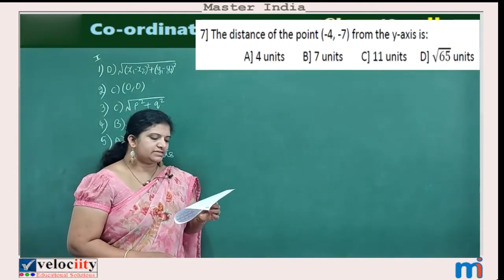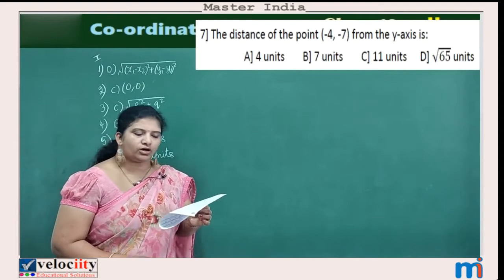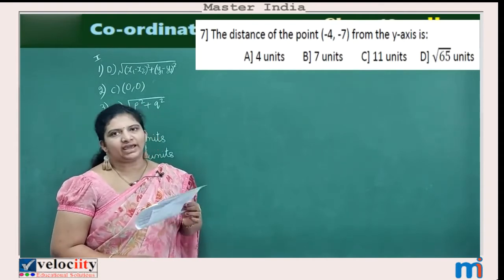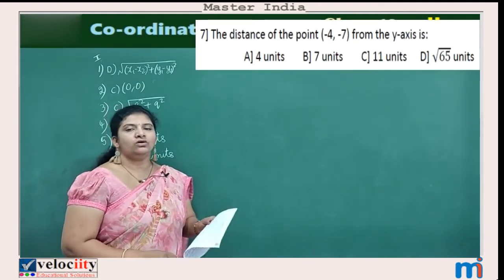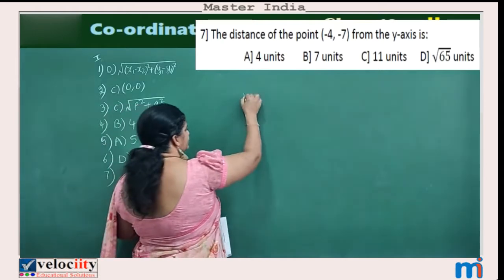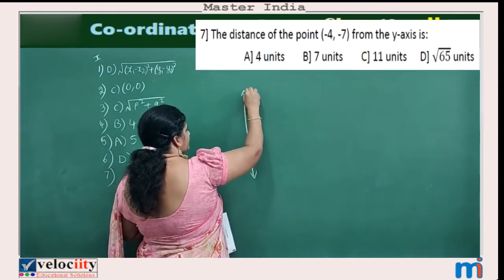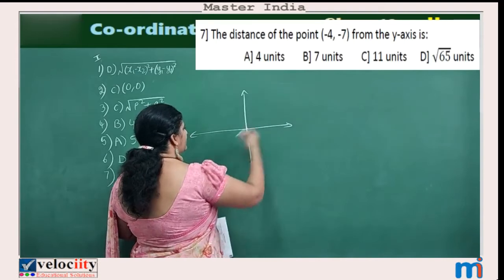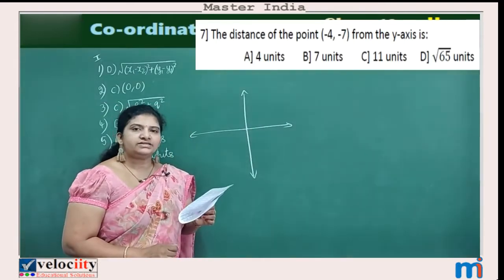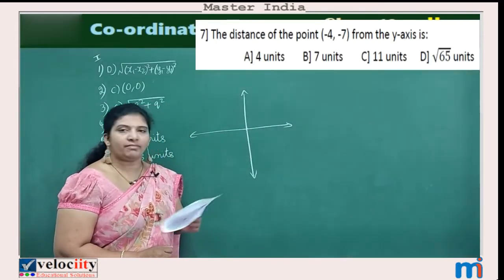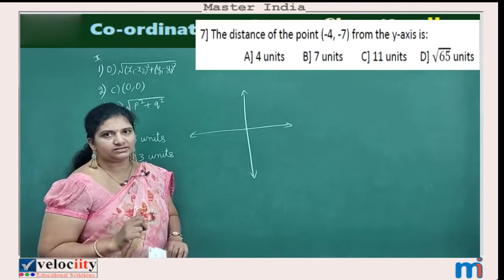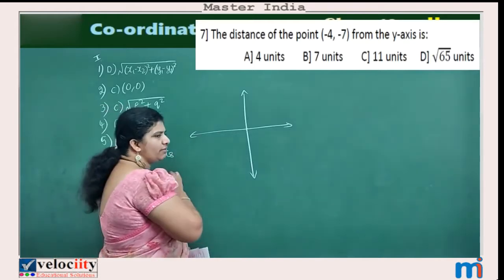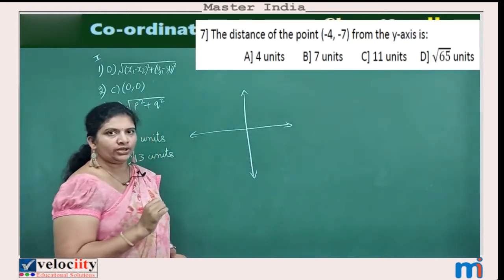Seventh one, the distance of the point minus 4 comma minus 7 from the y-axis is. So, let me draw the x-axis and y-axis. This is the y-axis and this is the x-axis. They intersect, this is the origin. The distance of the point minus 4 comma minus 7 from the y-axis. Minus 4 comma minus 7, which quadrant will you get?